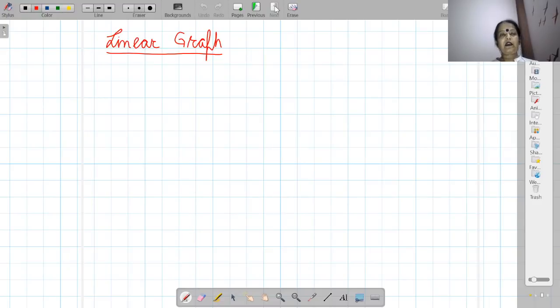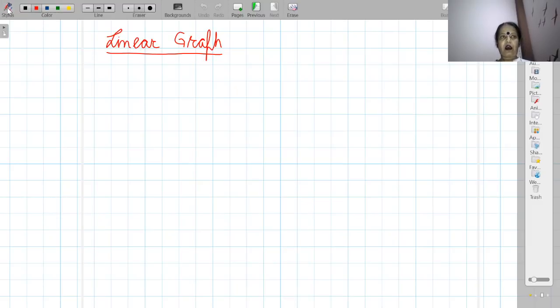What is linear graph? In the linear graph, if we display the data, that data changes continuously over a period of time. Let's see the linear graph here.